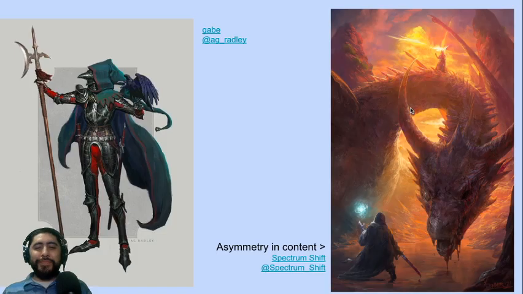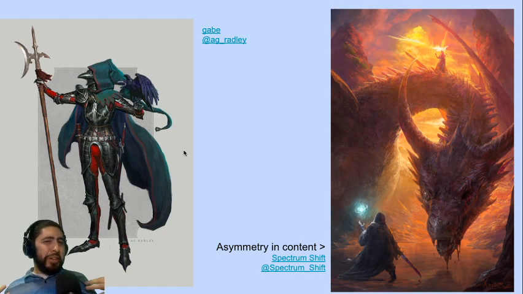And this is asymmetrical. This is an interesting example because the character here is placed in the middle, which usually tends to be symmetrical. However, they're facing towards their right, the left side of the composition. I'm going to do it from my view. They're facing to the left, so their beak is on the left.